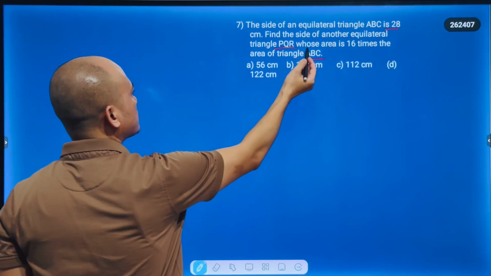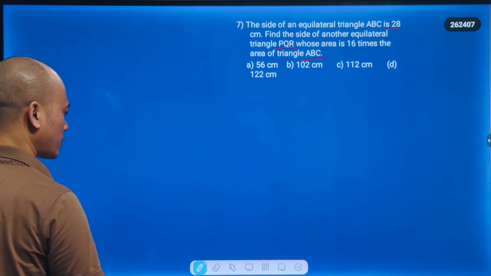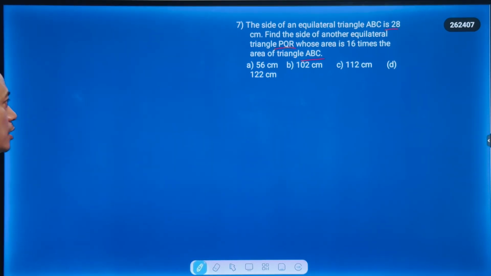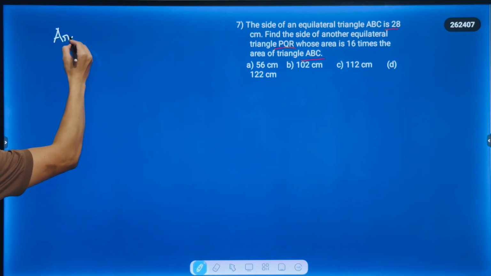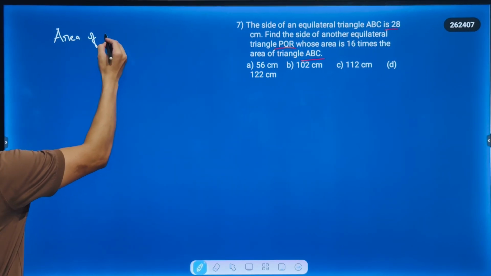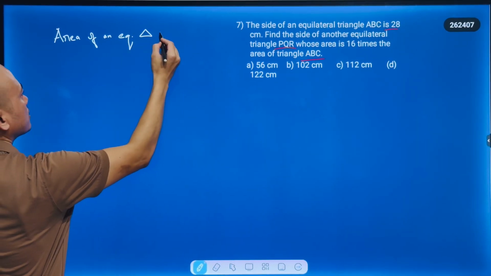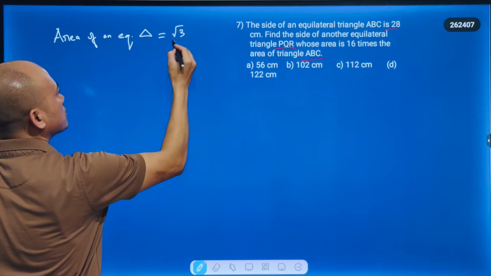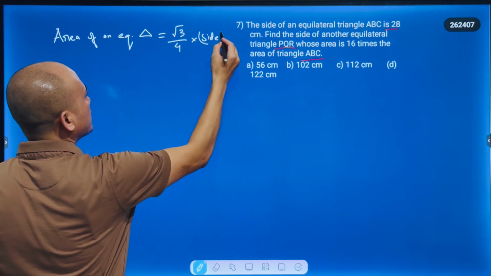So, they have given an area relation. How can I find the value of PQR? That is what we are asked to find. To know this, we need to know a formula: what is the area of an equilateral triangle. You have to memorize this formula, which is equal to root 3 by 4 into side square.